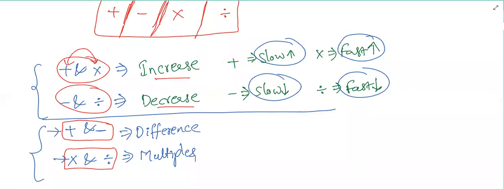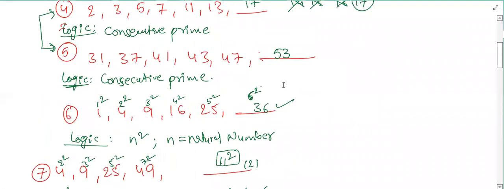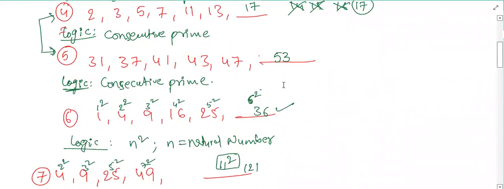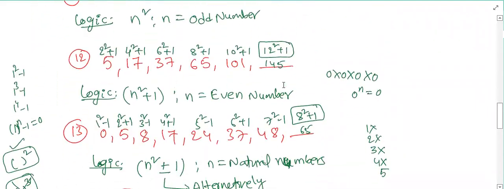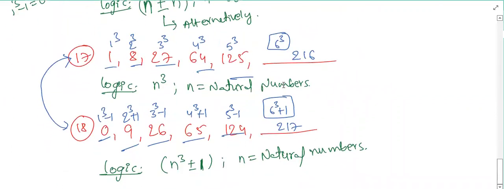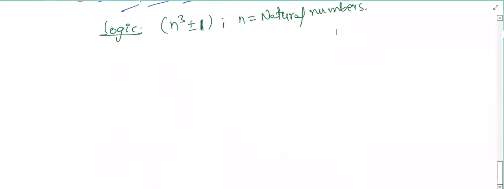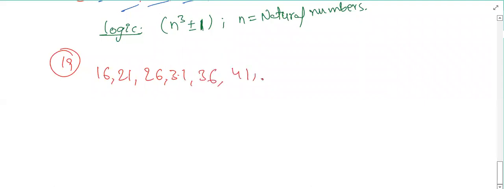Suppose, see here, let us see one example. These are the examples we have discussed till the last class. Tell the logic for this: 16, 21, 26, 31, 36, 41, and then dash.